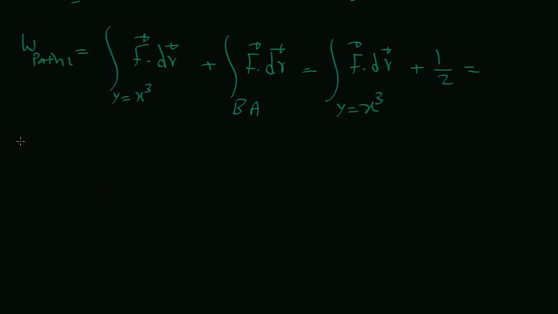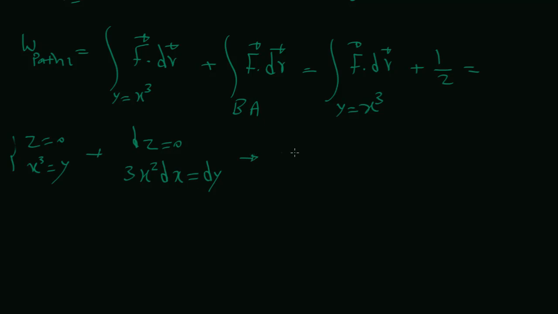Here dz is equal to 0, and if we differentiate this equation we get 3x squared dx equal to dy.